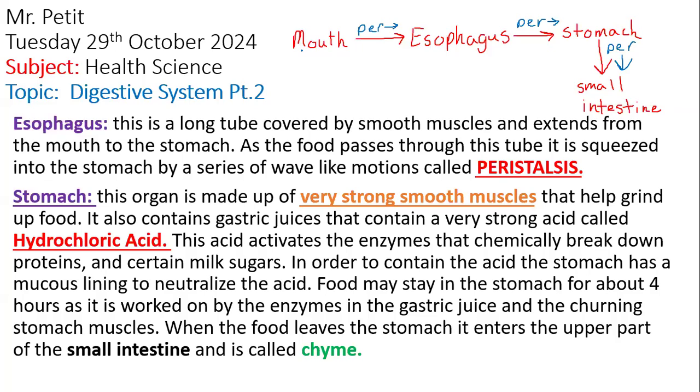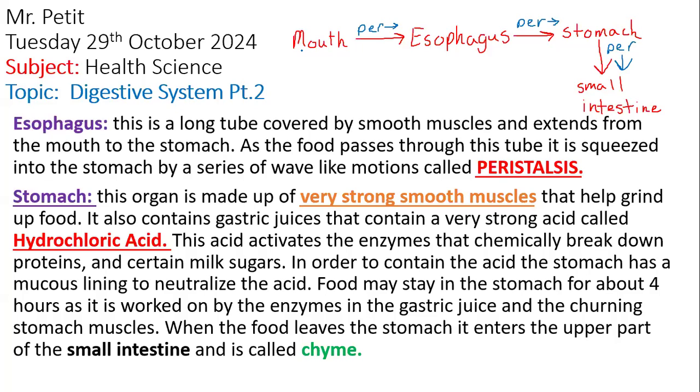Sharon, okay. After the food goes to the mouth, where does it go after that? Esophagus. Good. And after it goes to the esophagus, where does it go after that? The stomach. Very good. And where is Yalisha Edgecombe?